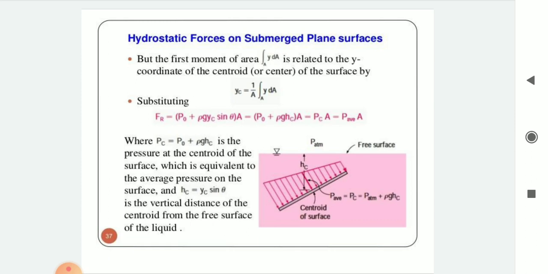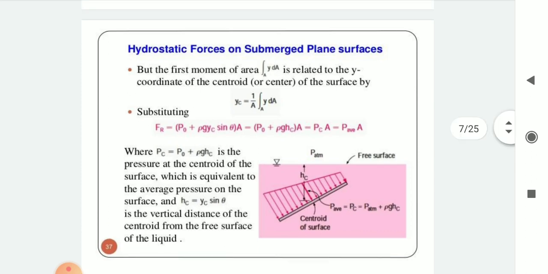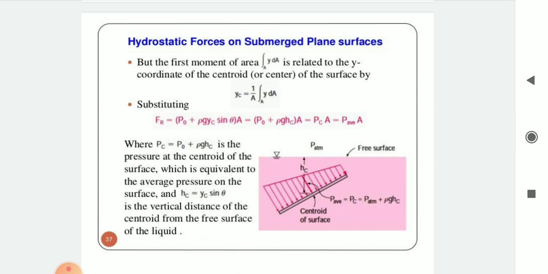Substituting, the resultant force Fr is equal to (P0 plus rho g yc sin theta) times A, equal to (P0 plus rho g hc) times A, equal to Pc A, equal to P average times A, where Pc equal to P0 plus rho g hc is the pressure at the centroid of the surface, which is equivalent to the average pressure on the surface, and hc equal to yc sin theta is the vertical distance of the centroid from the free surface of the liquid.